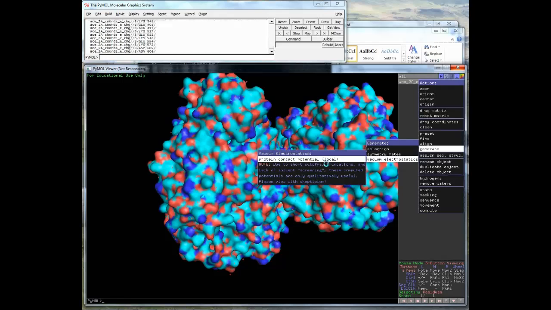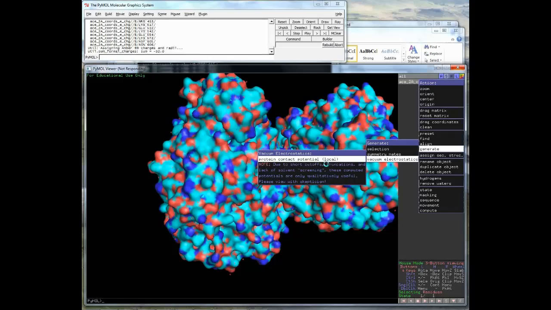What this does is it also shows the surface, but rather than just showing you the colours of what you've previously painted the atoms, light blue, red and blue, it tries to colour the molecule by potential charge. So if you've got an arginine, it's going to be positively charged, and so it will put a blue splodge where the arginine is, or if you've got an aspartate that's negatively charged, it will put a red splodge where the aspartate is.